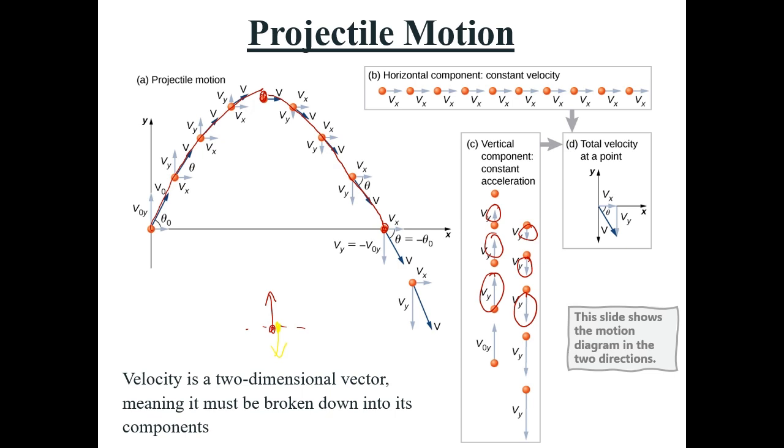So my equation, which was v in the y direction, v final is equal to v initial plus a times t, right? V initial and v final are the same, except for v final is going to be negative. So this is going to be negative v final is equal to v initial plus a times t.